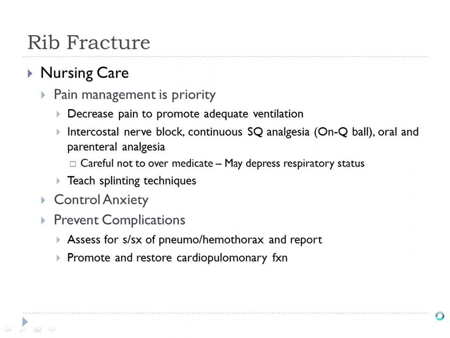Teach them how to splint, so give them a pillow, put it on that area, because if they splint and hold that pillow toward that area, it keeps it still and doesn't cause as much movement, which can cause pain. We'll talk about a pneumothorax and a hemothorax probably next time, and all of those things. Okay?